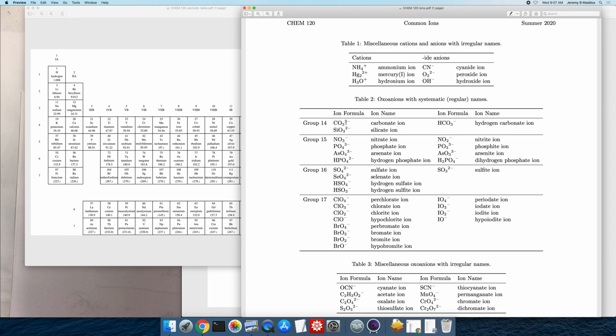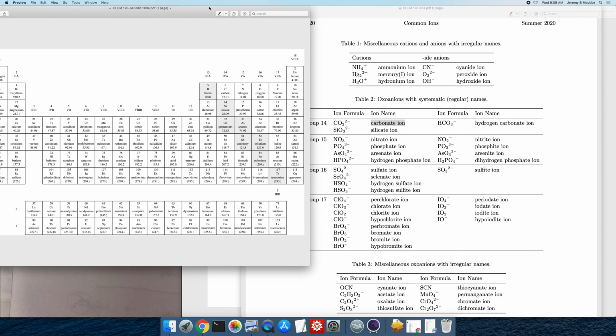We have the carbonate ion with a -2 charge, the silicate ion also with a -2 charge, and then this species over here is the acid anion corresponding to carbonate. If you take the carbonate ion and attach a proton to one of those oxygen atoms, you get this acidic anion, called the hydrogen carbonate ion. So the name is in part based upon the parent oxoanion.